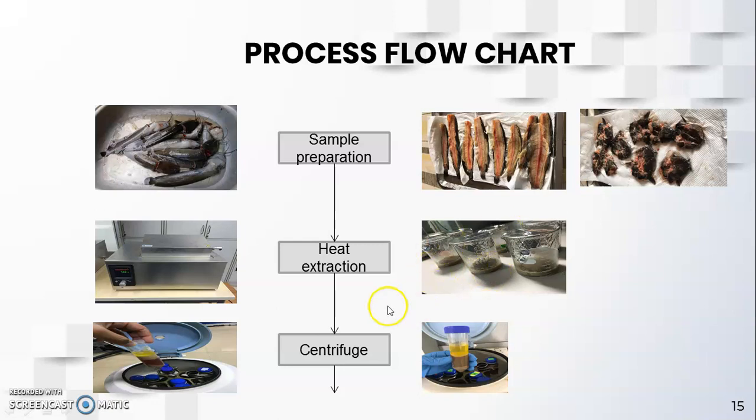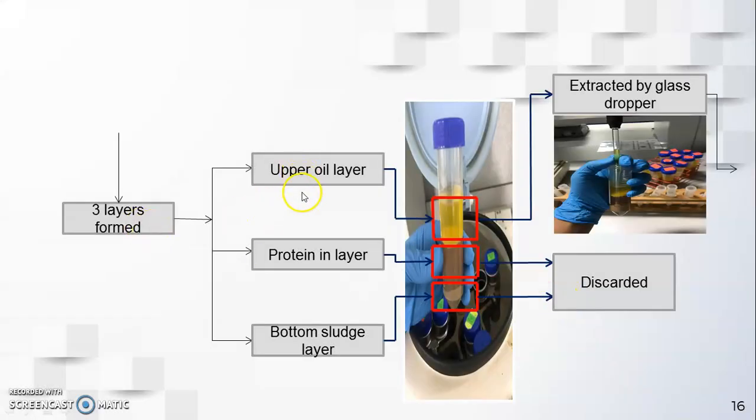Then it is placed into the centrifuge at 3000 rpm for 15 minutes. After that, it will form three layers, which are the upper oil layer, protein layer, and bottom sludge layer. The upper oil layer will be kept, while the protein layer and bottom sludge layer will be removed.